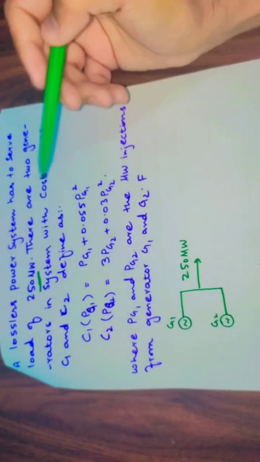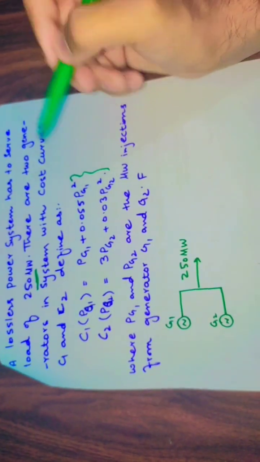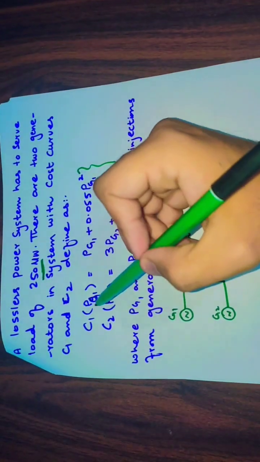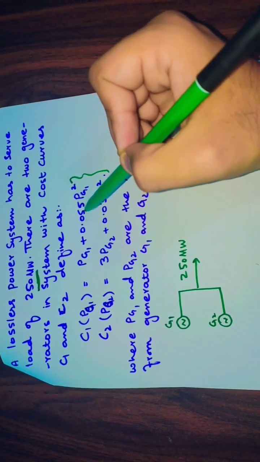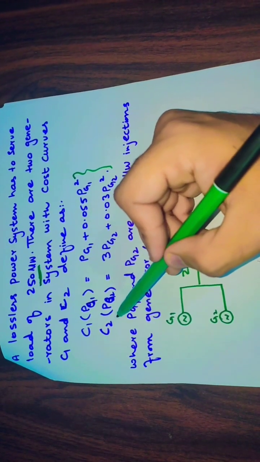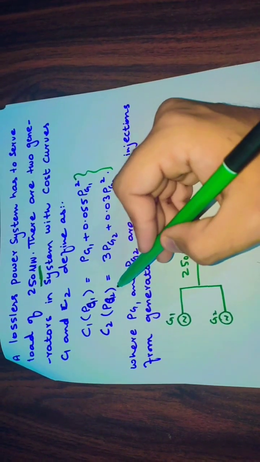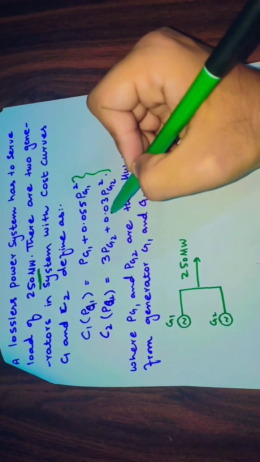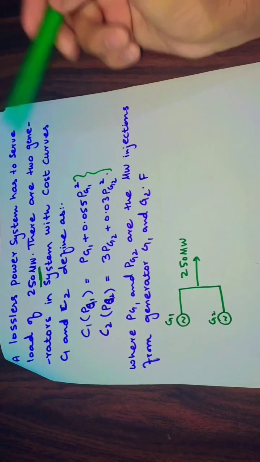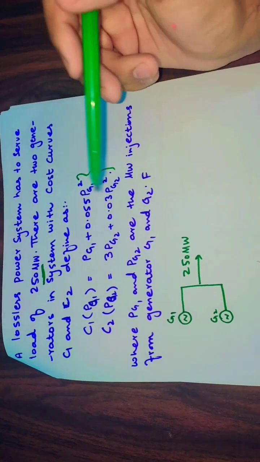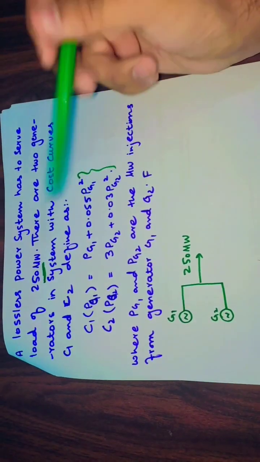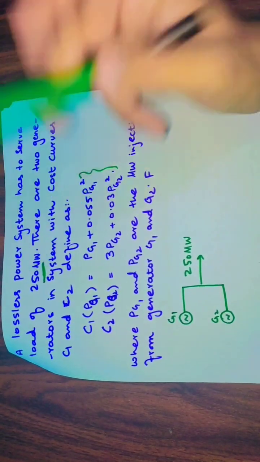You are given the incremental equations: C1 equals Pg1 plus 0.055 Pg1 squared, and for generator number 2, C2 equals 3 Pg2 plus 0.3 Pg2 squared. You have to find the values of Pg1 and Pg2 if the total load is 250 megawatt.